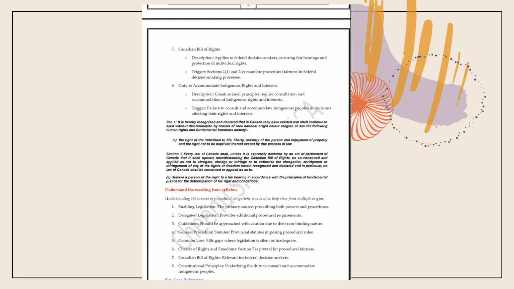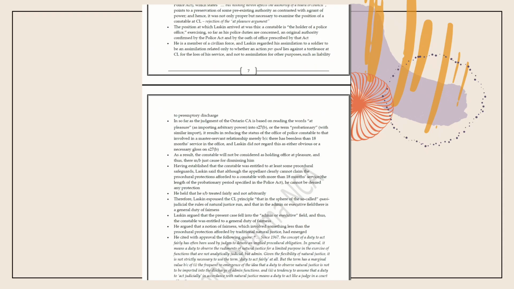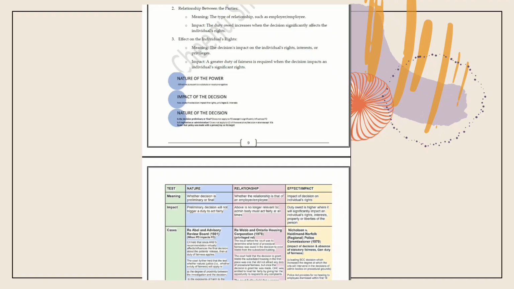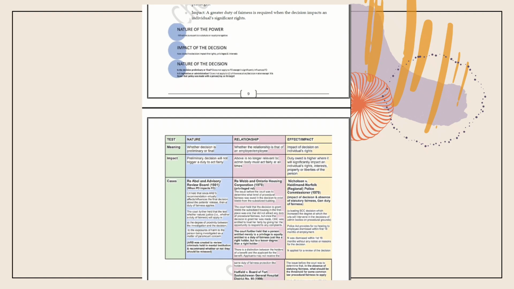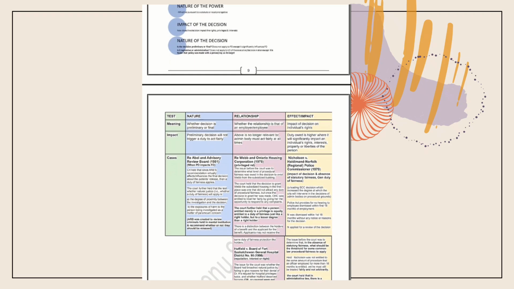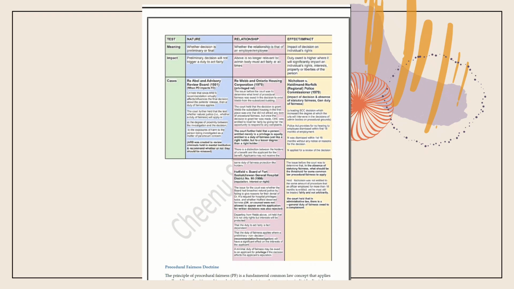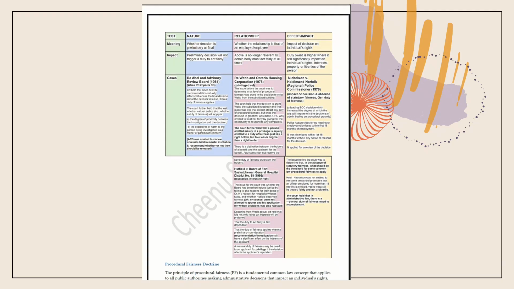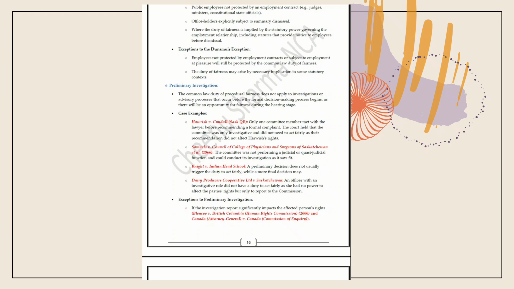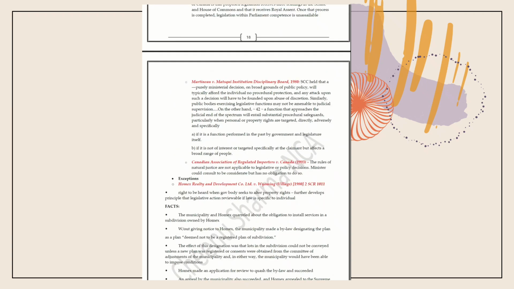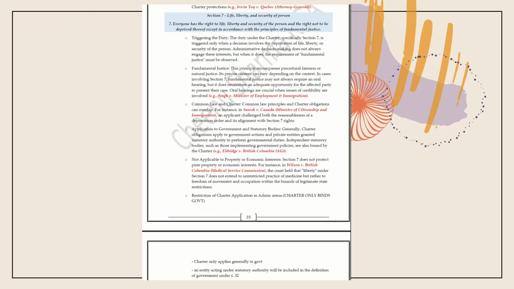You can find everything under one roof. I've tried to put a little bit of color because I know these things make lectures and notes interesting. The visualization is really important. And then, these are the cases. Everything is there. You don't need to go for any other source.